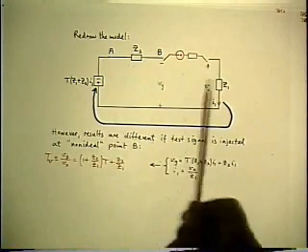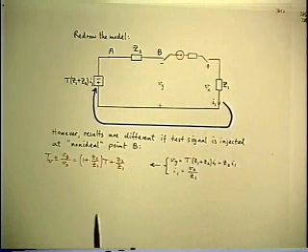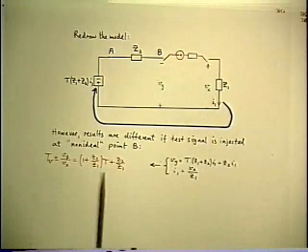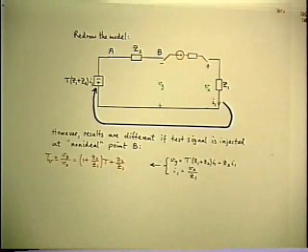It's the ratio of Z2 to Z1 that matters. If it is small enough, the measurement of Vy over Vx will be close to the true value of T.